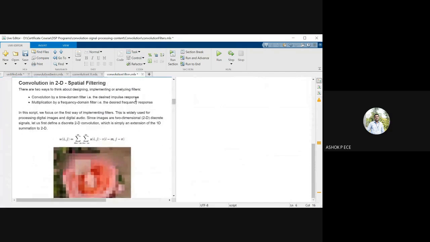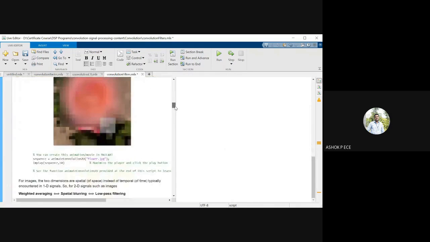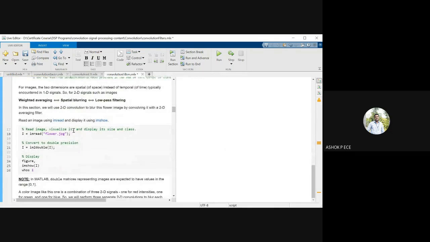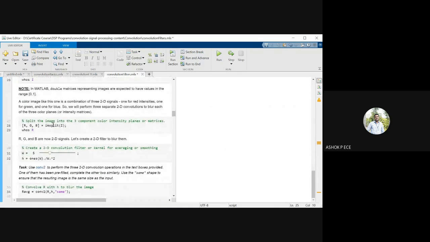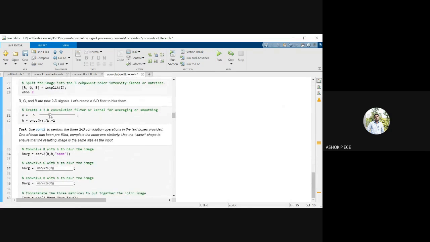So now we are going to see how to filter an image. So we have seen digital image processing, right? So now we are going to see how to filter an image. I'm going to read an image. I'm going to convert the image into double, and I'm going to display the image. Okay. Now you see I'm going to split the image into RGB, and I'm going to apply a filter.